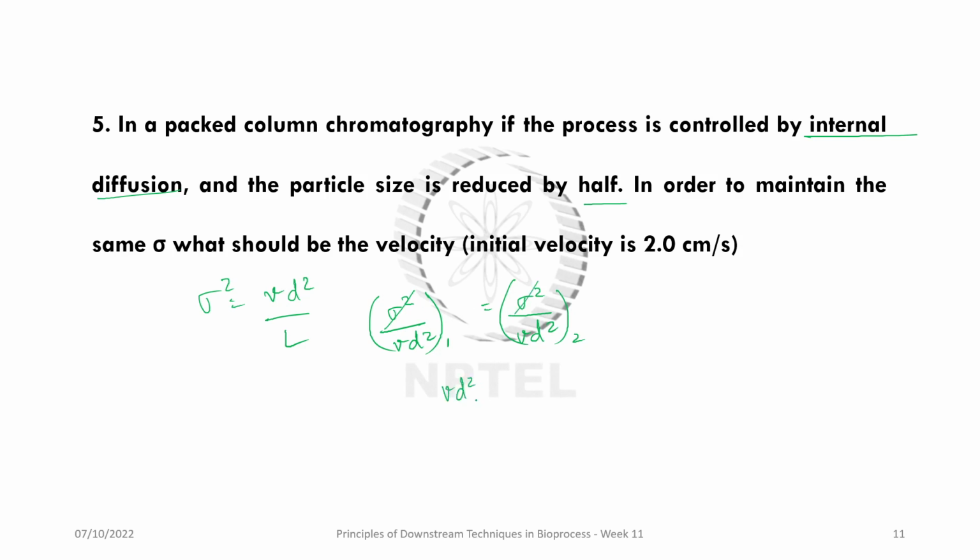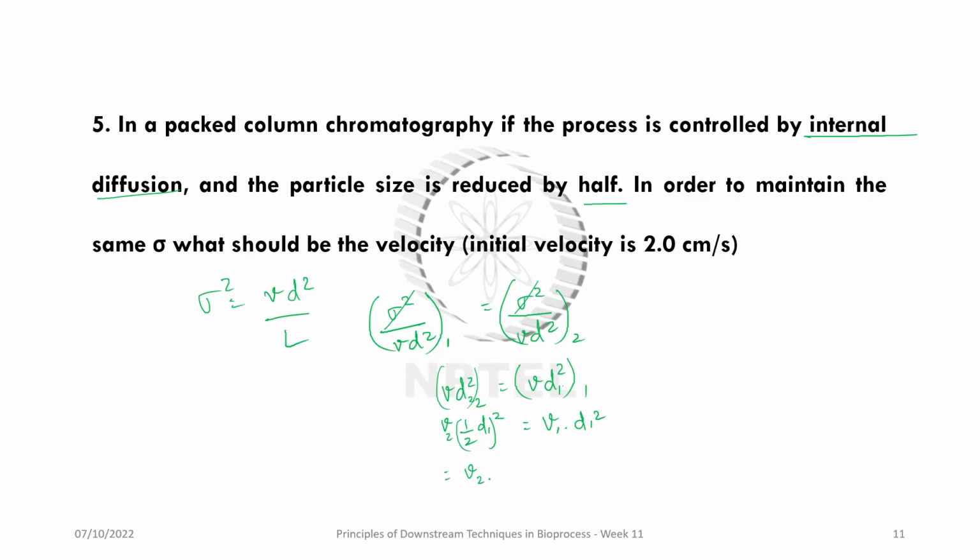So Vd square 2 is equal to Vd square of 1, and you know that in the second case it is half. So V2 into half of d1, the whole square, is equal to v1 into d1 square.